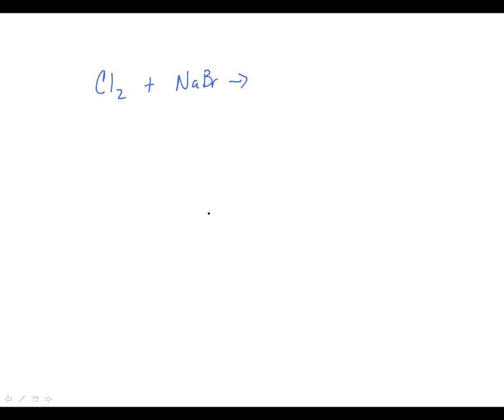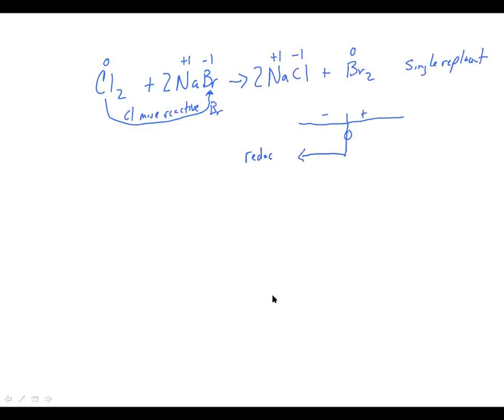So chlorine, which is a nonmetal, has no charge. If this reaction takes place, the chlorine would come in and kick out the negative guy, because it normally will make a negative charge. And when it does, we will get a new sodium chloride, where the sodium has a +1 charge and chlorine now has a negative charge. And that bromine will come out in its natural state.